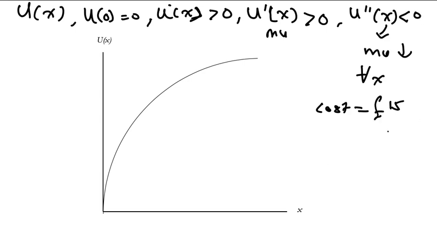So from here, he keeps 15 quid. The utility of having 15 quid is U(15), and in the graph we can call it point A.